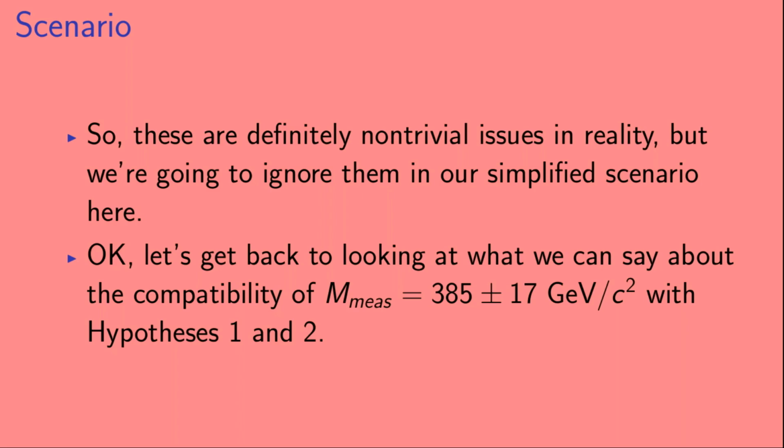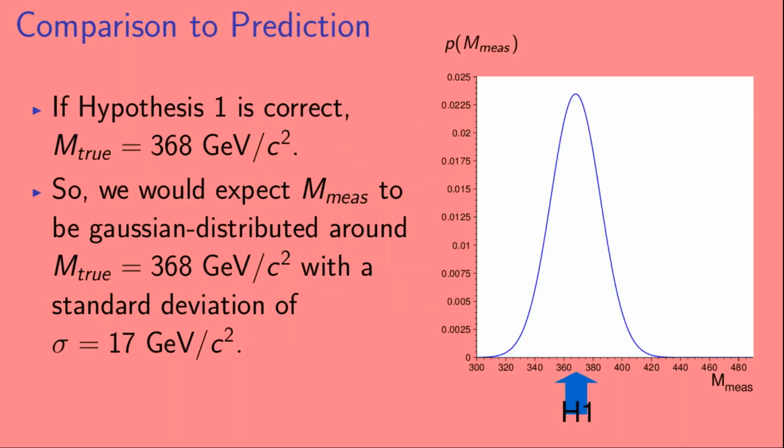Okay, let's get back to looking at what we can say about the compatibility of m measured equals 385 plus or minus 17 GeV/c² with hypotheses 1 and 2. If hypothesis 1 is correct, m true is equal to 368 GeV/c².